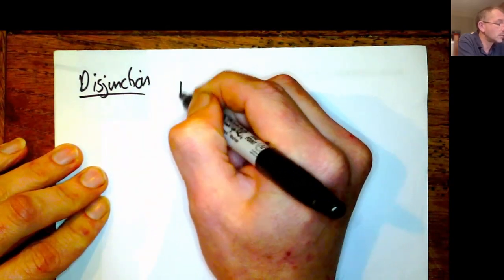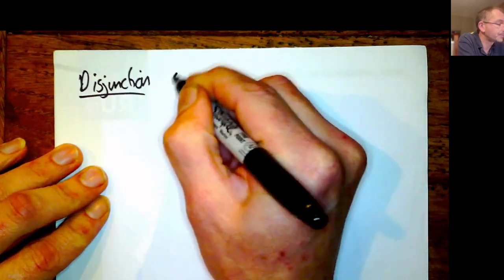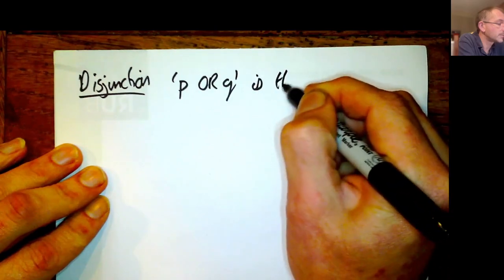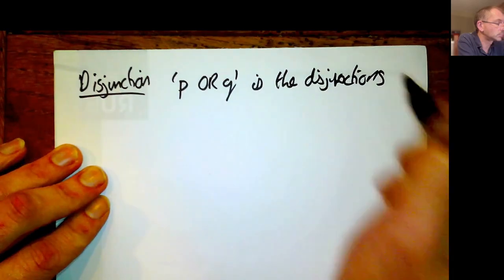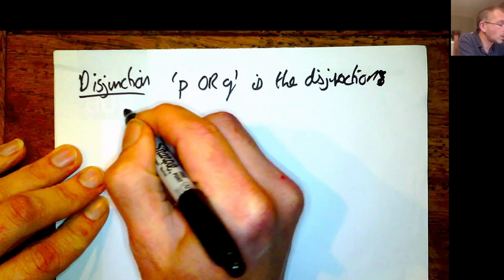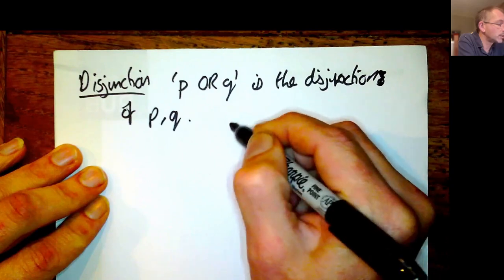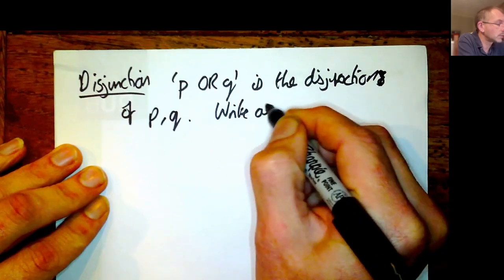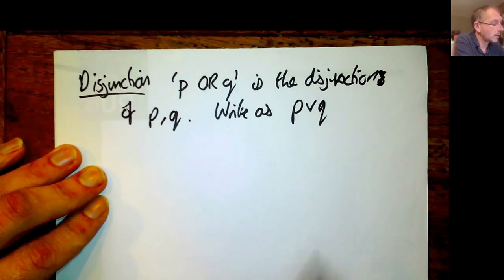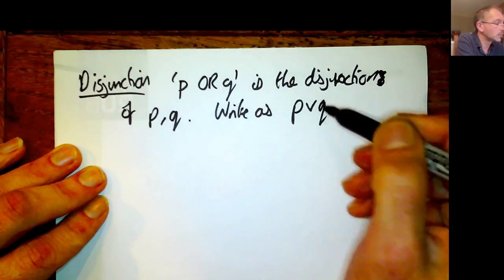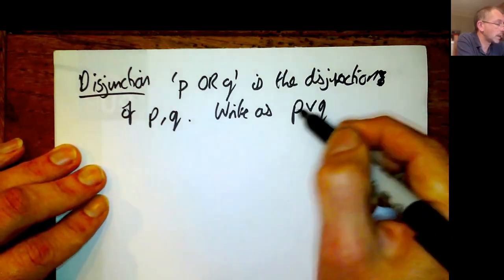So P or Q is the disjunction of P and Q, and we write it with a, instead of a wedge, what's called a sort of V, and it has that symbol.